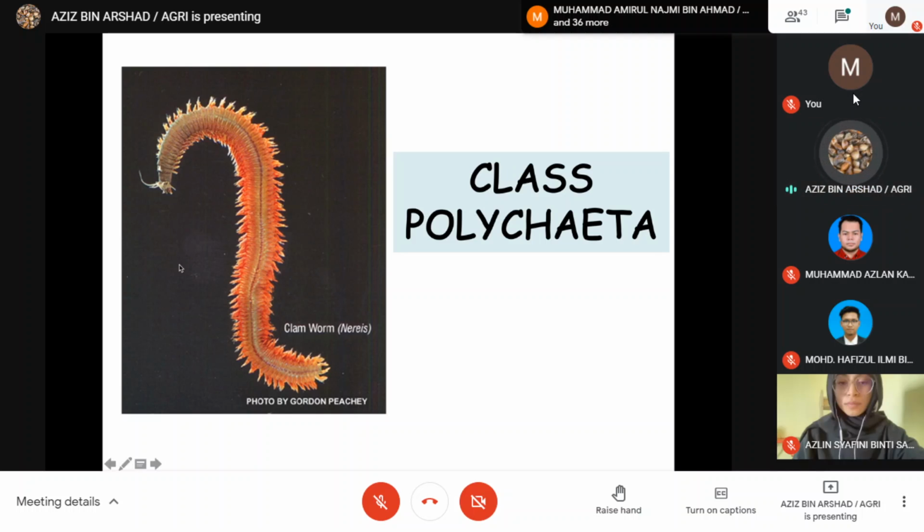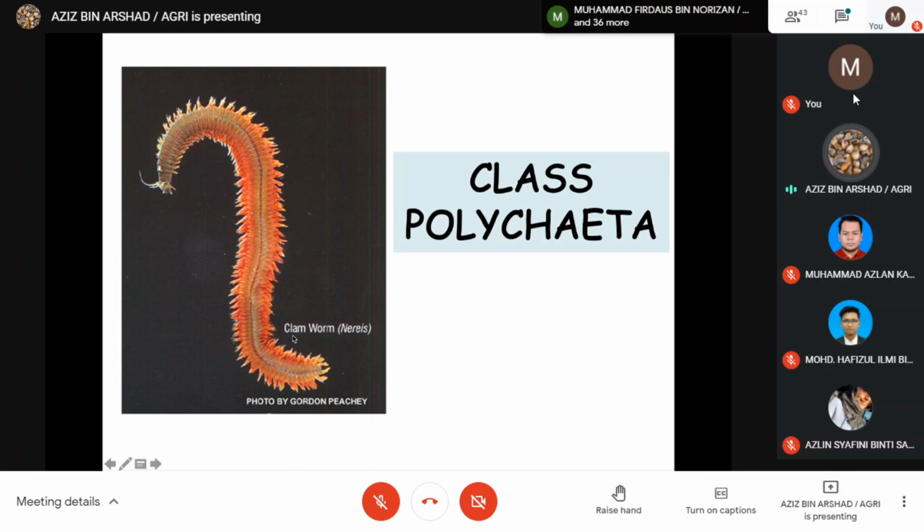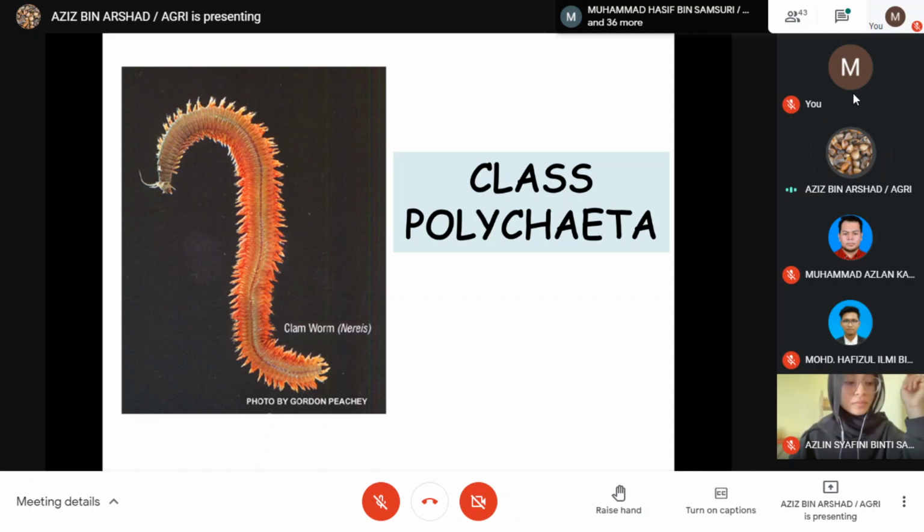Okay, in class Polychaeta, this is the kind of worm that you see in the marine environment, whether they are lying on the surface of the seabed or making burrows, burrowing themselves in the sediment on the seafloor. So this is the famous Nereis, or bedworm or clamworm, depending on what they call it locally.